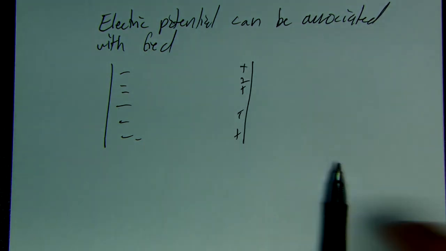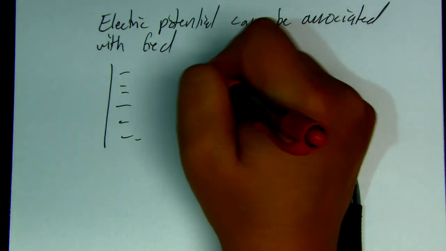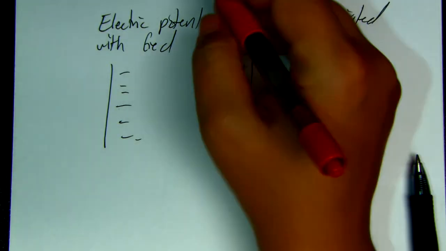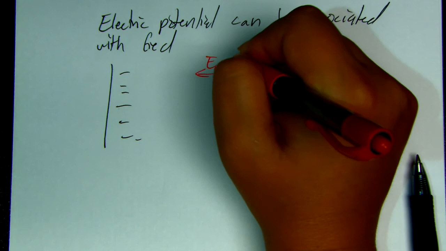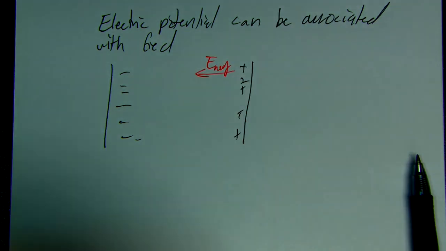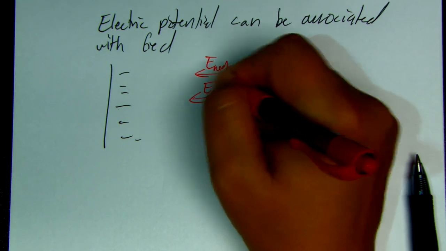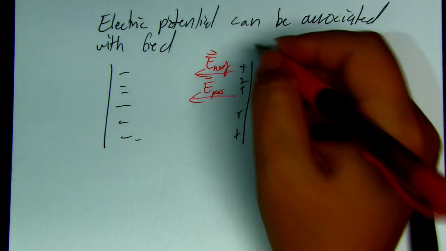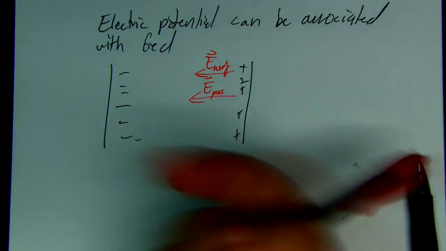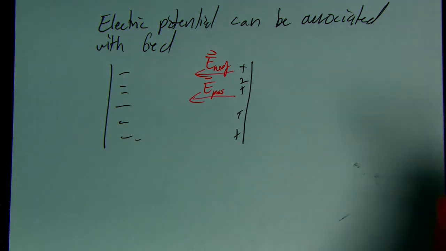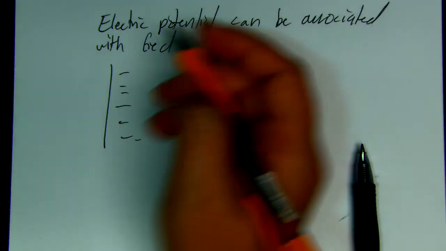So we would know that there would be an electric field pointing towards the negative plate. There'd be an electric field that would be pointing away from the positive plate, giving us an E net in that direction.